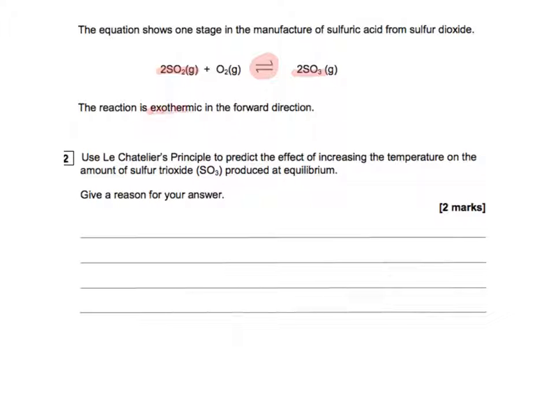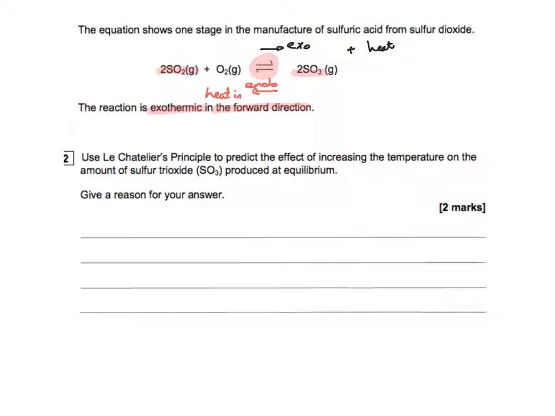The reaction is exothermic in the forward direction. Exothermic means it releases heat. If it's exothermic in the forward direction, then it's endothermic in the backwards direction, which means more heat is taken in.